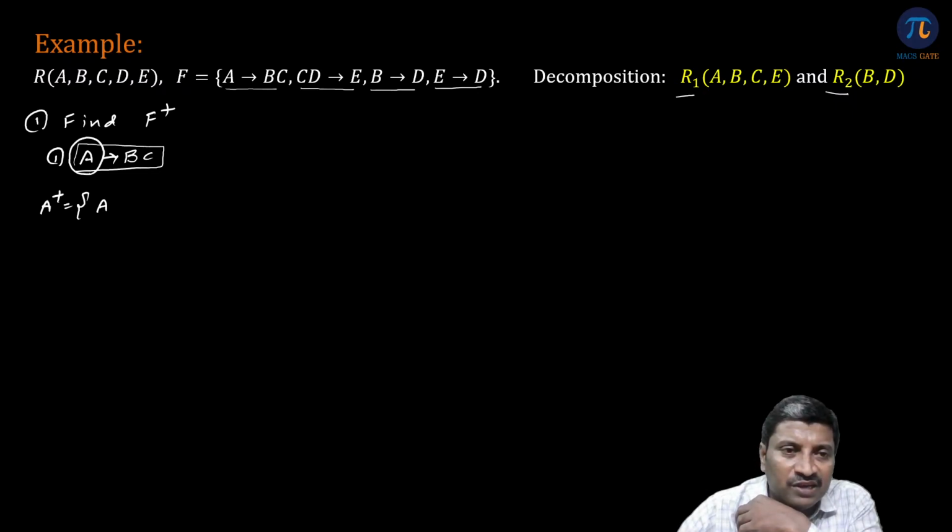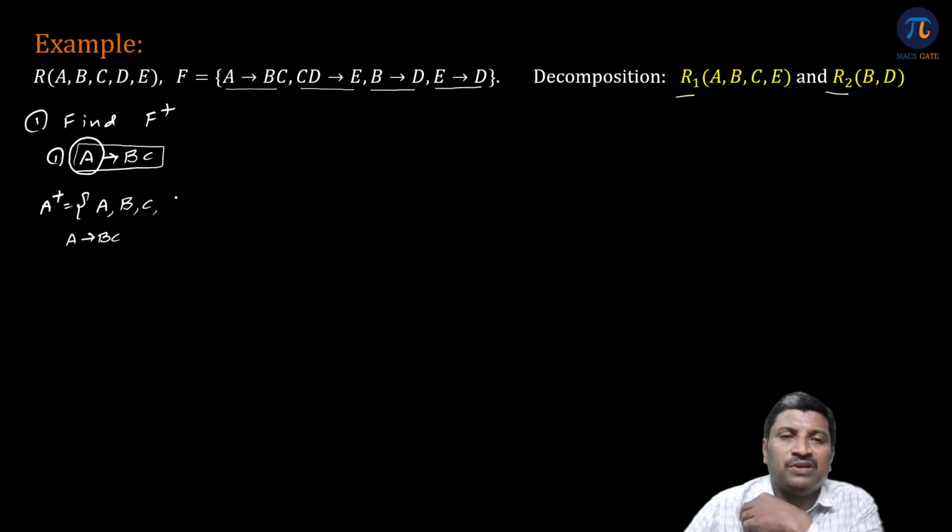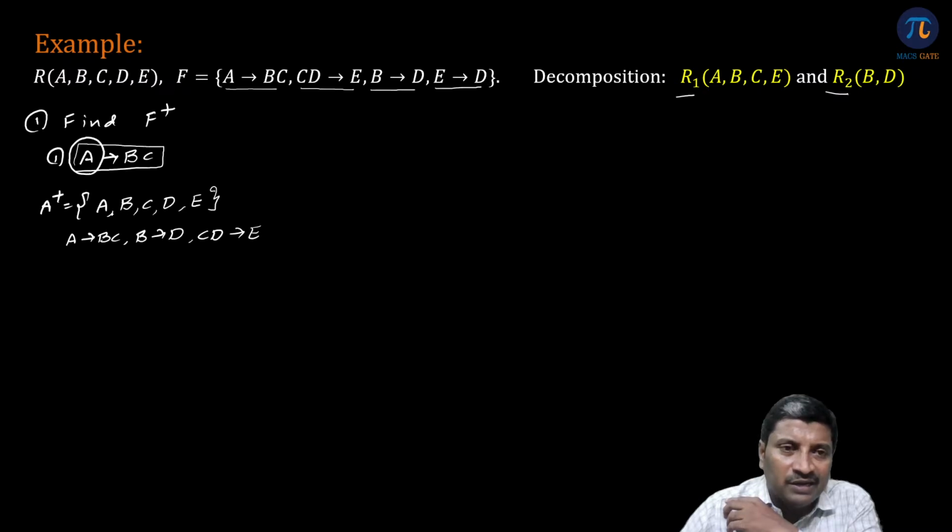With A, we can get A. Because you are having A implies BC, you can have B as well as C. Anything else possible, sir? Yes, we have B implies D, so you can write D also. Anything else? Yes, with CD, you can get E. So with the help of A, I can get all these attributes.